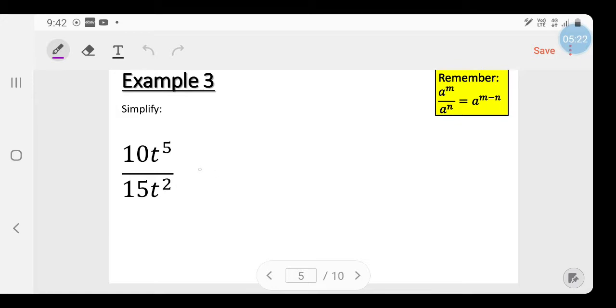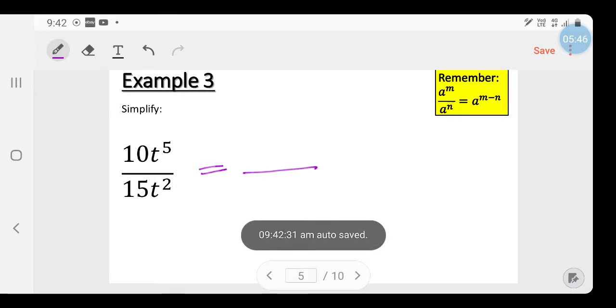All right, so now we have some coefficients in front of the t parts of those expressions, okay? Now, just like with multiplication, when coefficients came into play, we dealt with the coefficients separately and then we dealt with the variables. We're going to do the same thing here, all right? Now, 10 over 15. What is the highest common factor of 10 and 15?